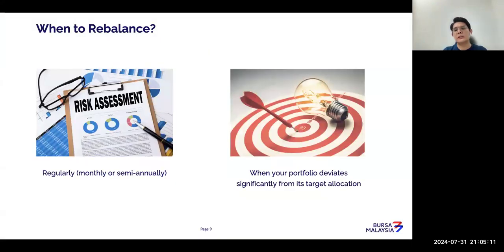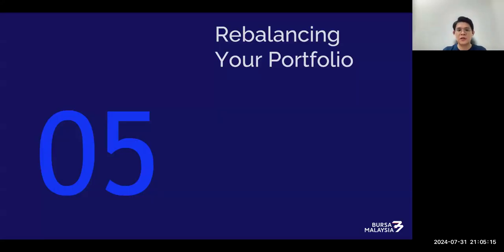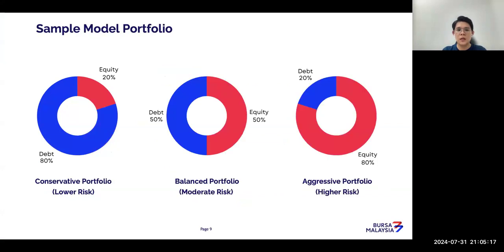Also, if you have a target allocation, for example if you are a conservative, balanced or moderate investor, you won't go for a very extreme allocation, like from 50% to 80%.